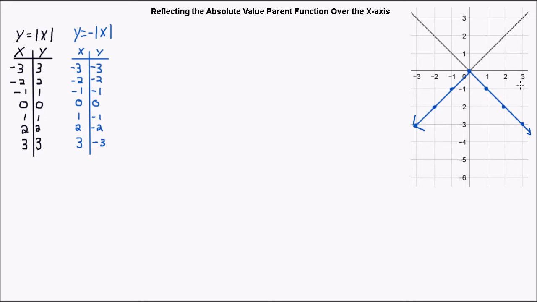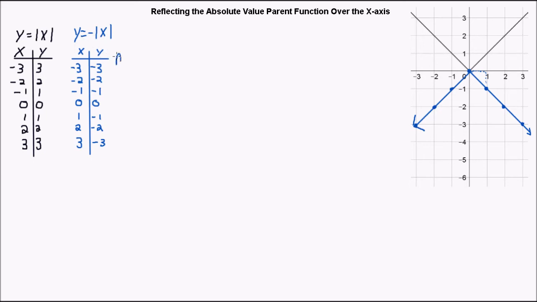So that's the main goal here, is observing that when you multiply the absolute value function by a negative, you end up reflecting the absolute value function over the x-axis. Another thing, which is a similar observation we made in stretching and compressing, is that the slope of the right-hand branch is negative 1, which is the leading coefficient here in my function y equals negative absolute value of x.